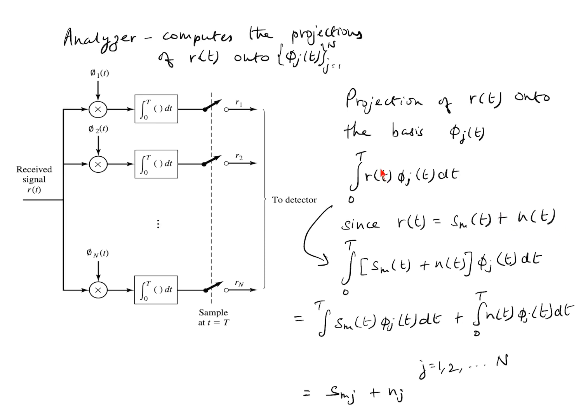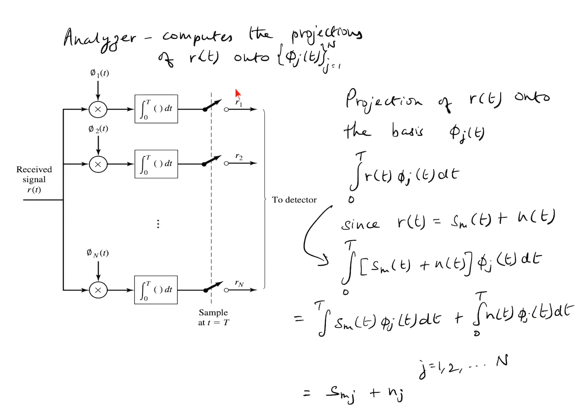So we put that in place of the received signal r of t, and then we can divide this integral into two components, where we have the first component which denotes the projection of the transmitted signal onto the basis function phi j of t, and the projection of the noise signal onto the basis function phi j of t.